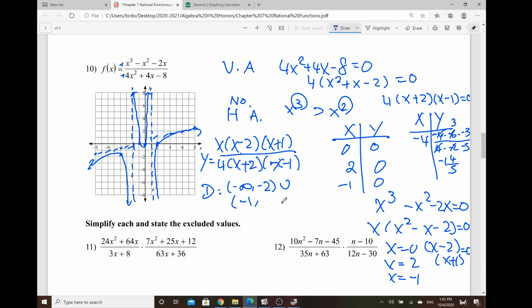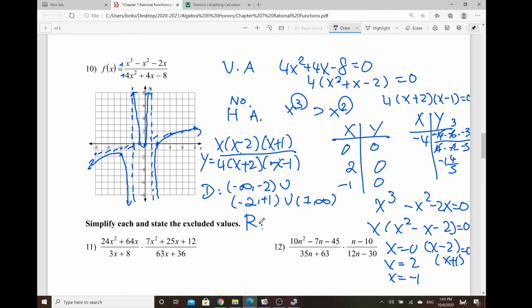Wait, hold on a second here. Give me one second. So negative infinity to -2, and then union, -2 all the way to 1. Again, because those are the VAs, the vertical asymptotes, +1. And then union, 1 to infinity.